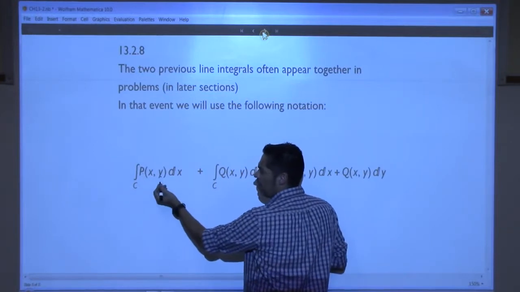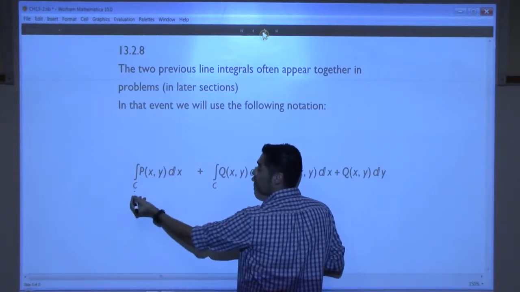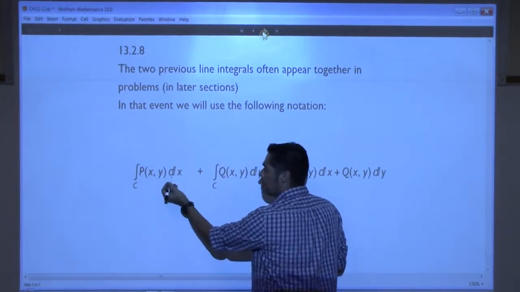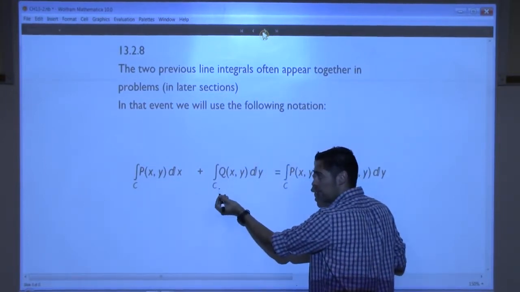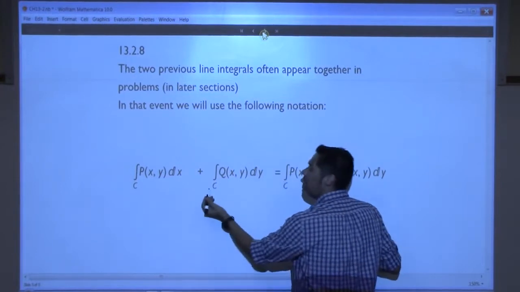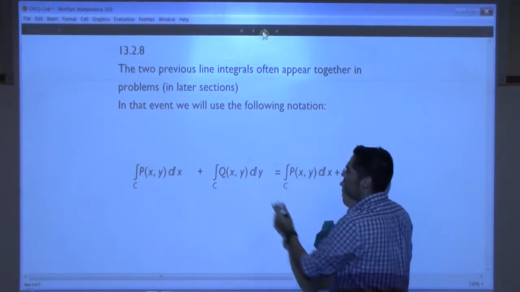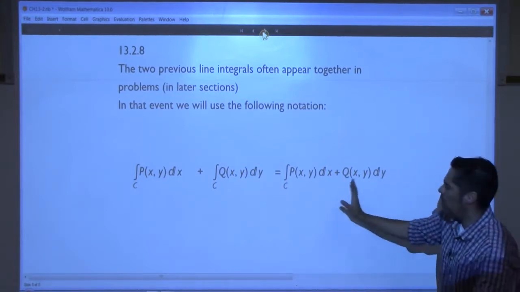Capital P of xy dx, so that's the line integral over C of the P function with respect to x, plus the line integral over C, so same C, of a Q function, not the same function, with respect to y. Then the notation here is that we put them together.